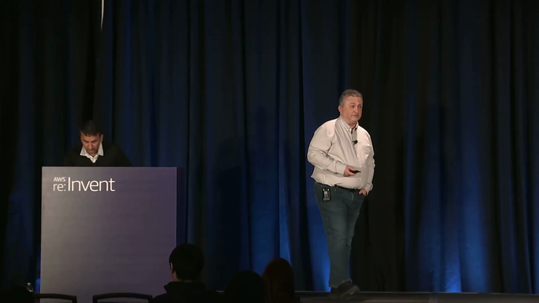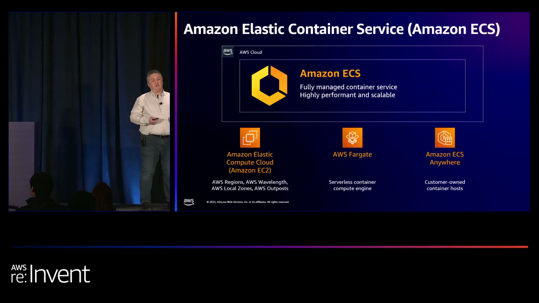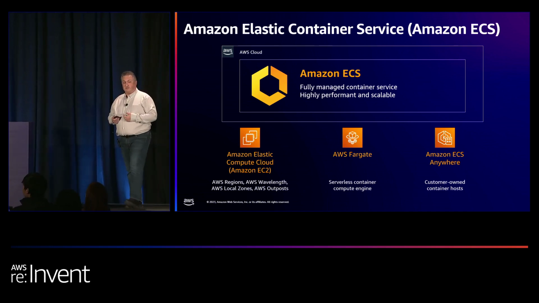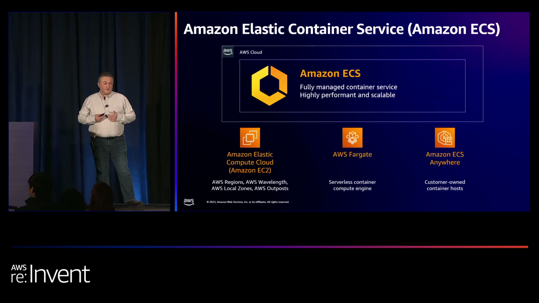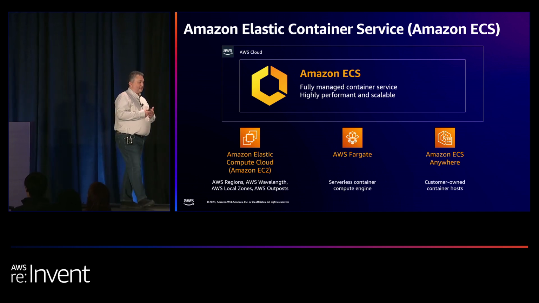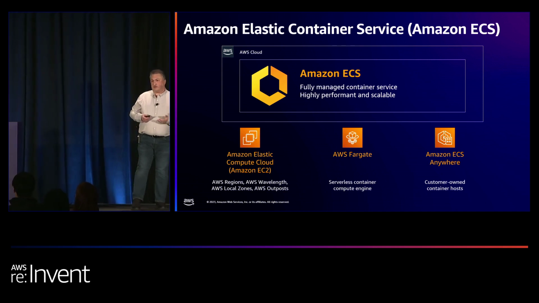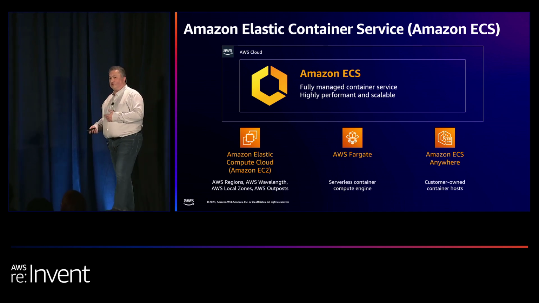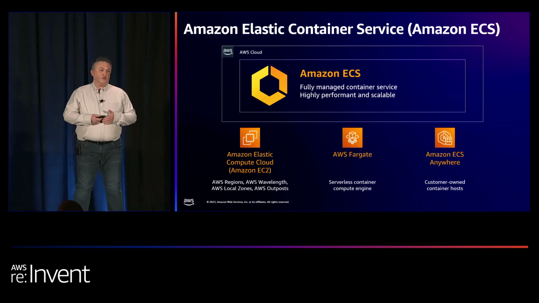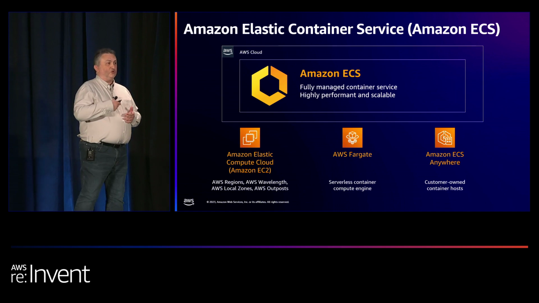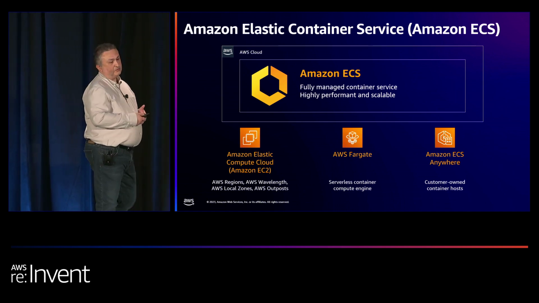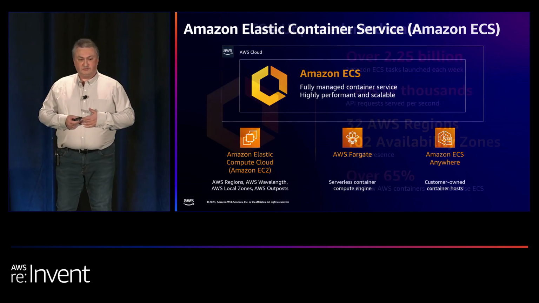A quick refresher for those of you not familiar with ECS. ECS is AWS's native container management service, and it is deployed across a variety of compute options, from managed EC2 instances to serverless compute with Fargate, and also on your own on-prem host with ECS Anywhere.